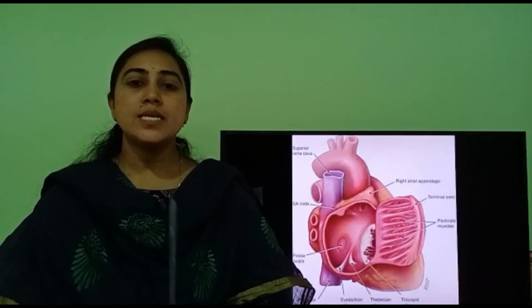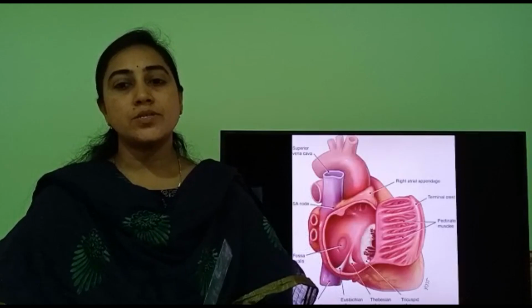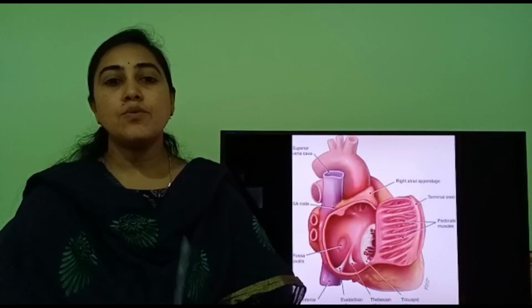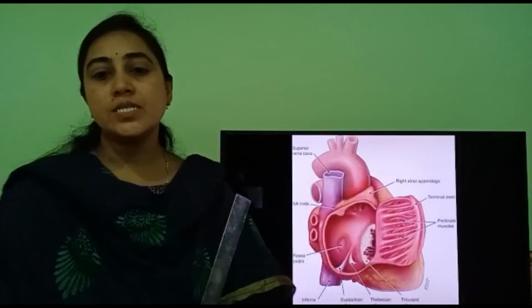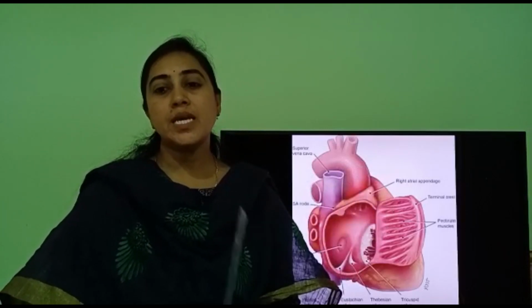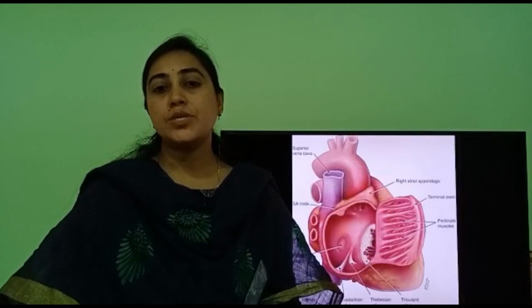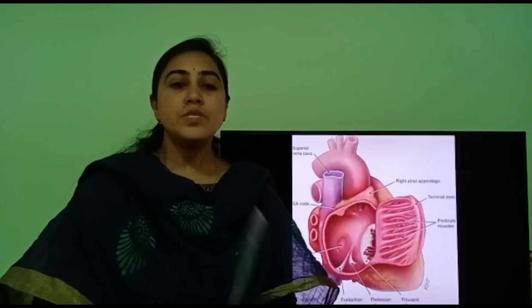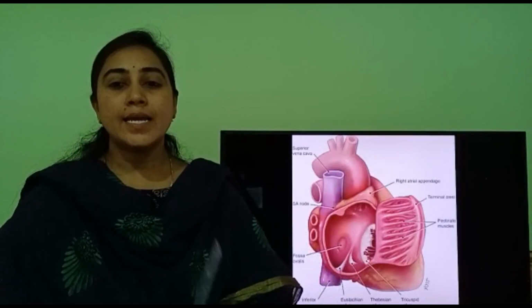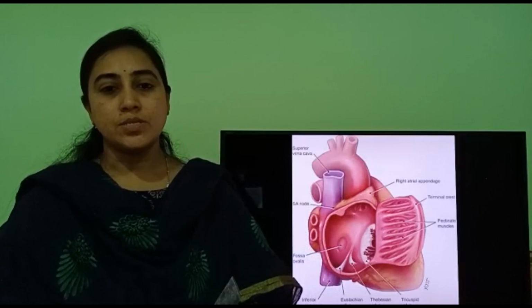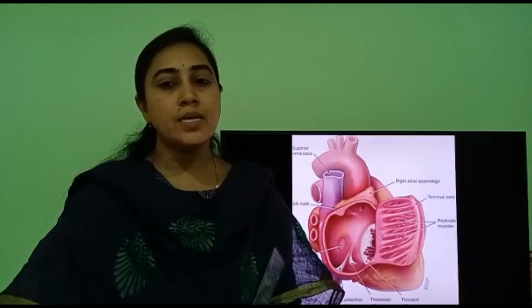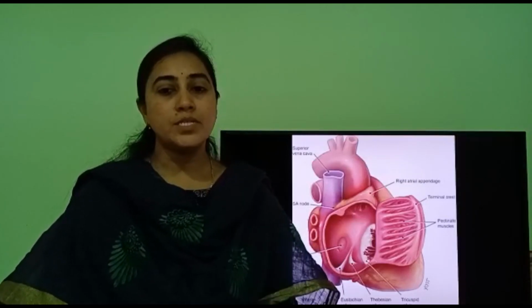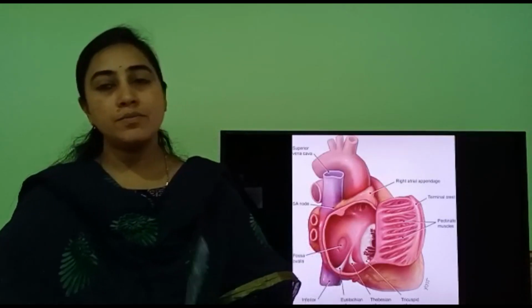Atria and ventricles are separated by a membranous structure called the atrioventricular septum, which possesses left and right atrioventricular apertures. The left and right apertures are guarded by the bicuspid or mitral valve and the tricuspid valve respectively.